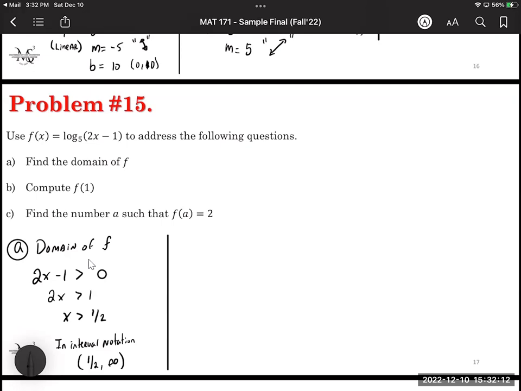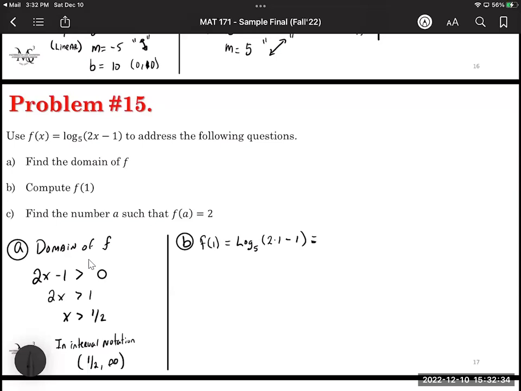So in other words, if I want to compute f of 1, then this is the same thing as saying log base 5 of 2 times 1 minus 1 is going to equal some value.